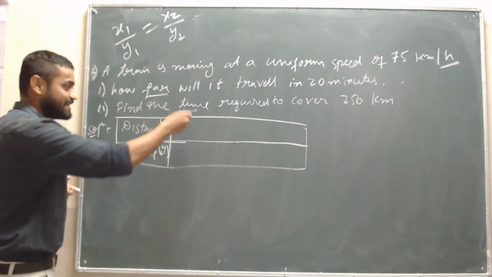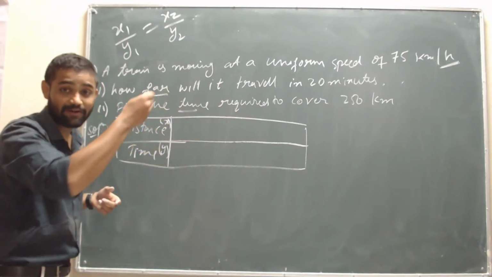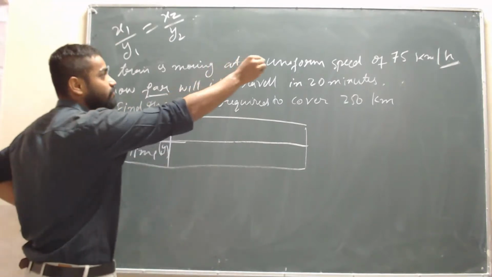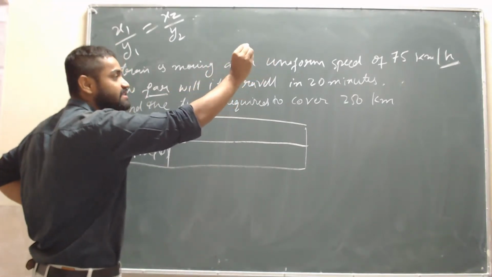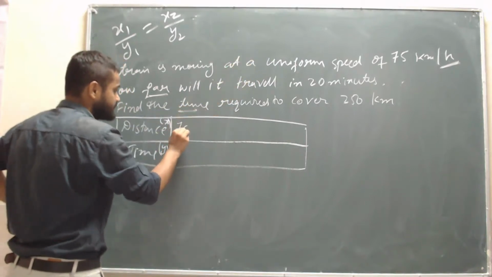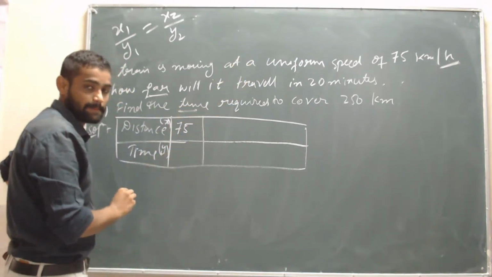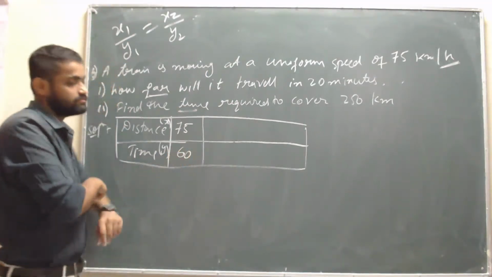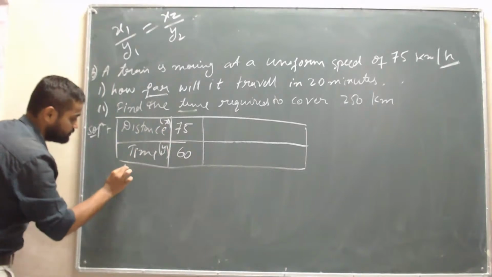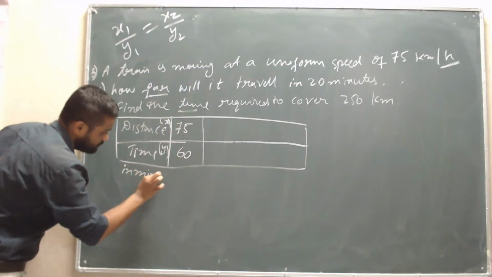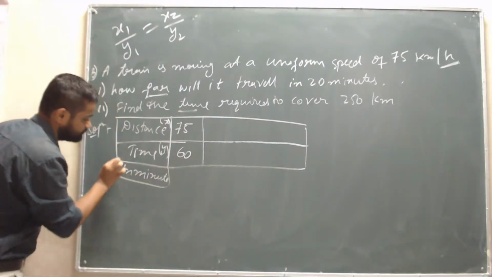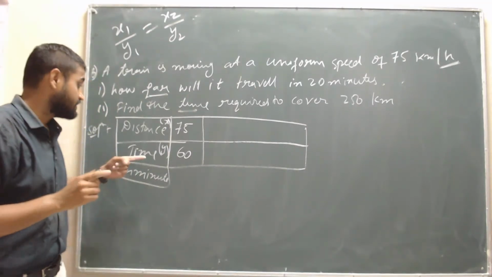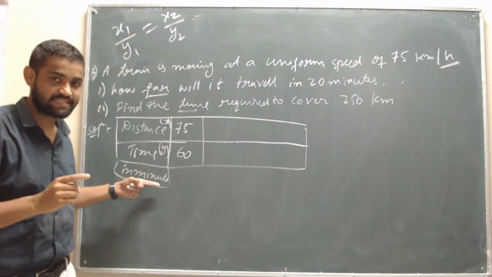The observations will be x1, y1, x2, y2, x3, y3, etc. The distance of the train at uniform speed is 75 kilometer. The time in minutes.